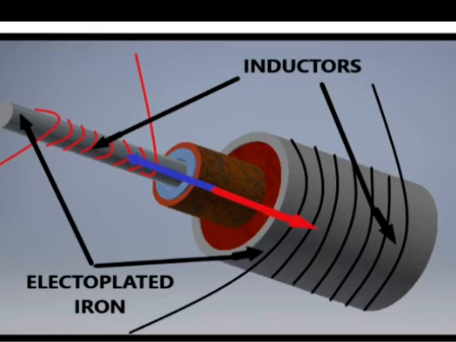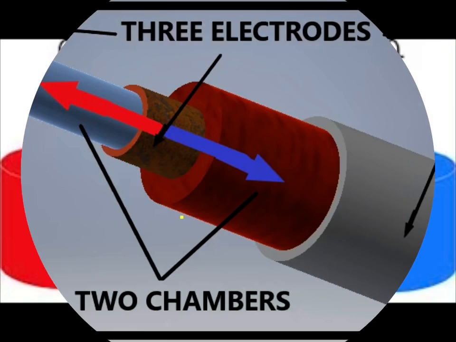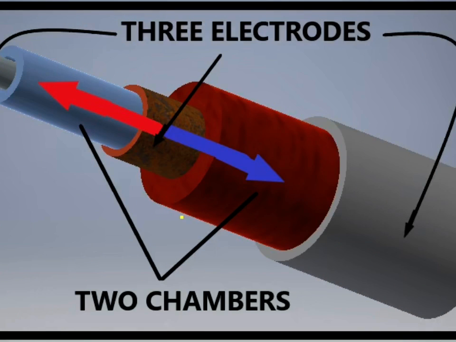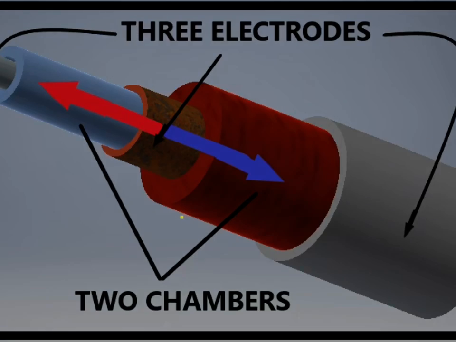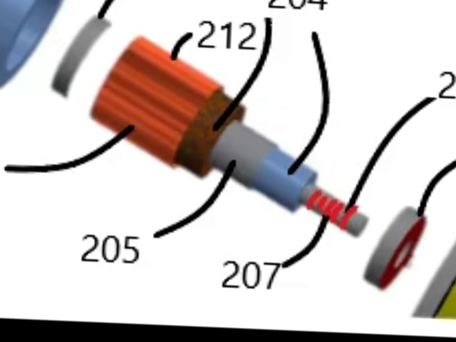And this is part of the oscillation that happens, and it's very similar to what we find in heat pumps sort of effect, where we push from one side to another with chambers. And so essentially 3 electrodes store their energy inside 2 chambers, and we move that energy potential between the 2 chambers themselves.